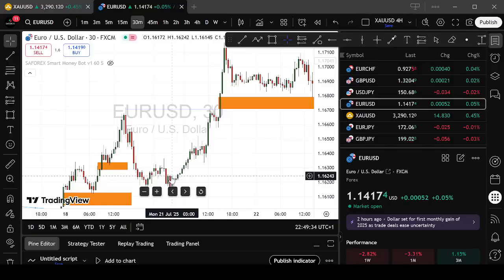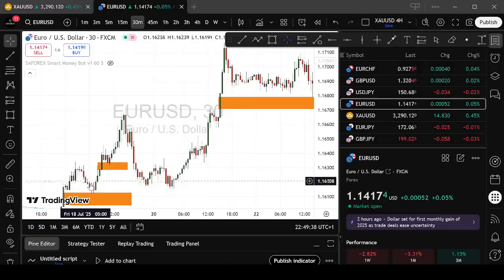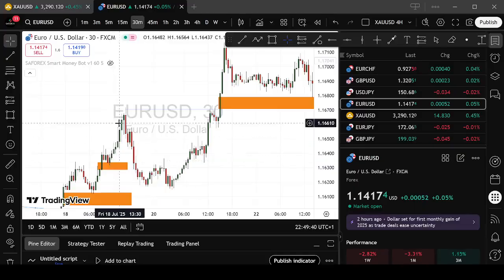And as price is going up like this, the last green candle before the bearish movement is a bearish order block.